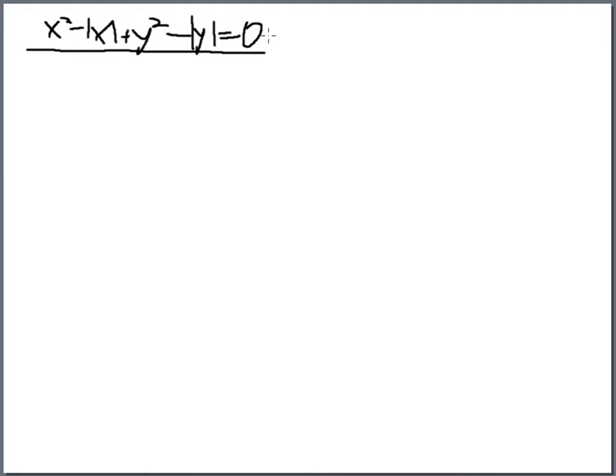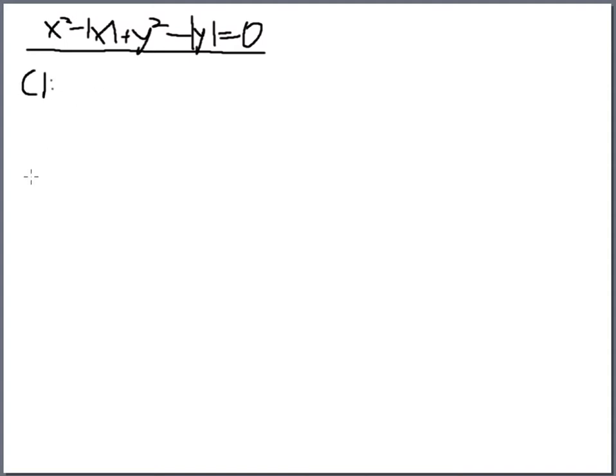What you should do with these absolute values is make cases, because each absolute value gives you two cases to work with. Since there are two absolute values, we're going to have four different cases for when x is negative and x is positive, and the same goes for y.